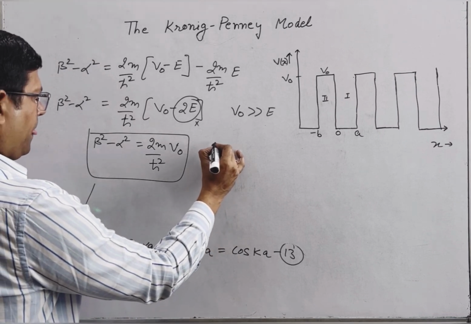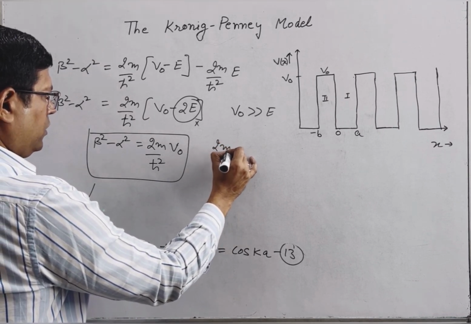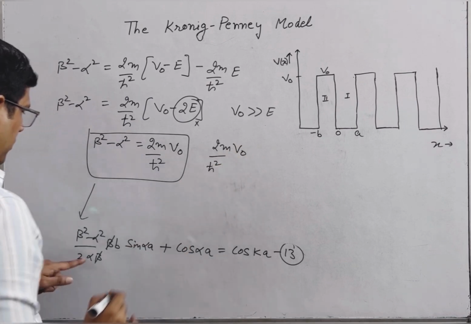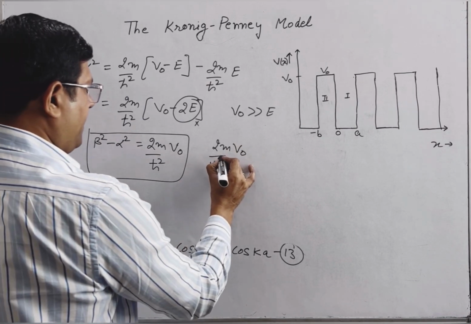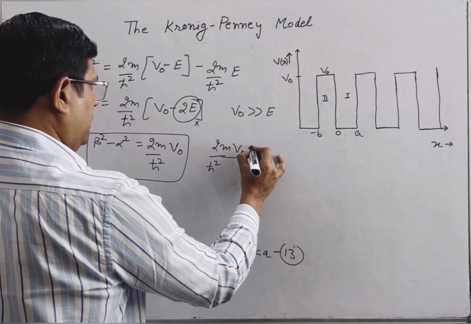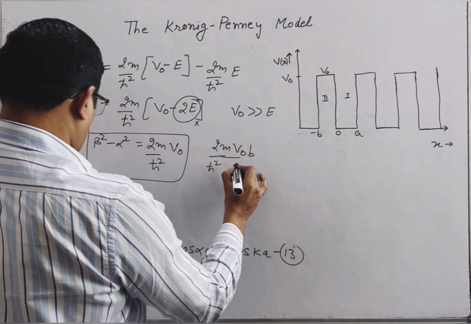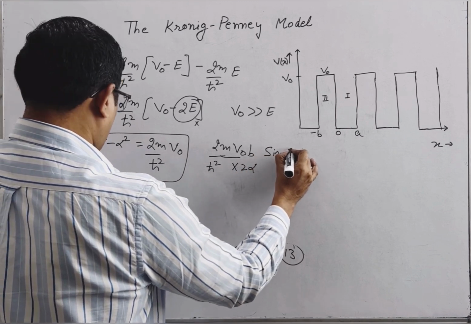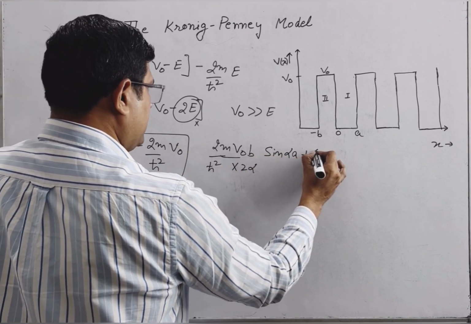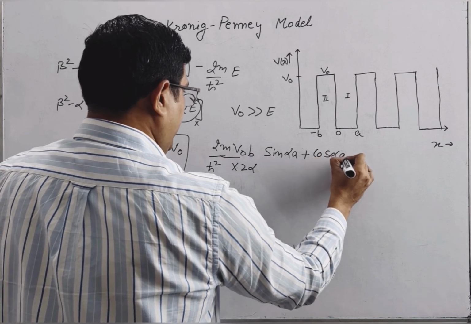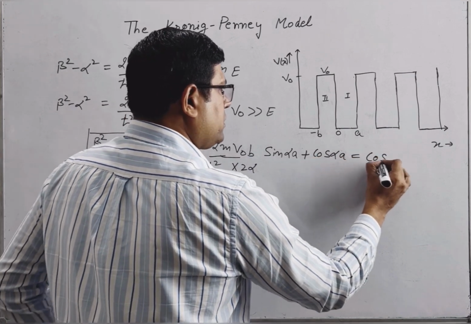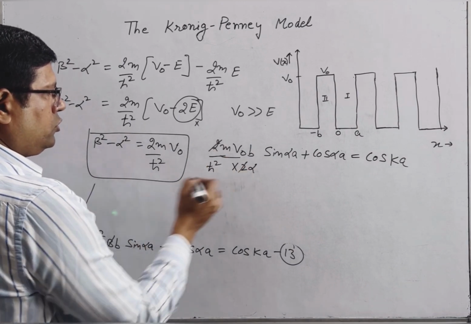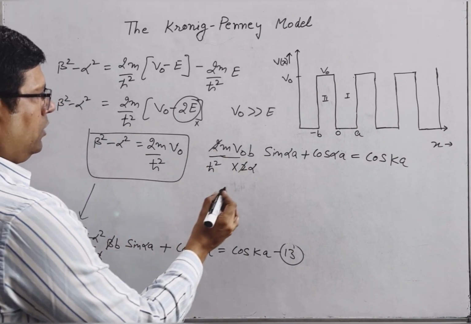We have 2m upon h cut square into V naught into b upon 2 alpha, sine alpha a plus cos alpha a equal to cos Ka. Now this 2 is cancelled out here.